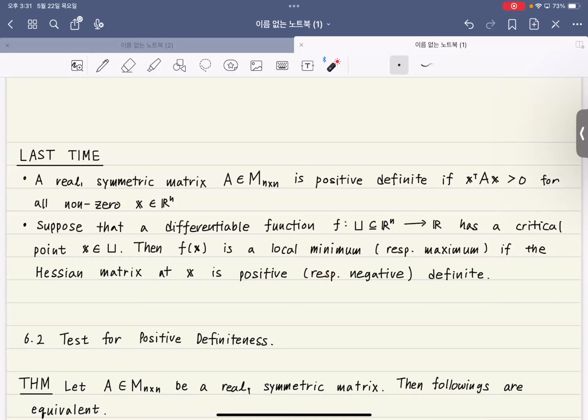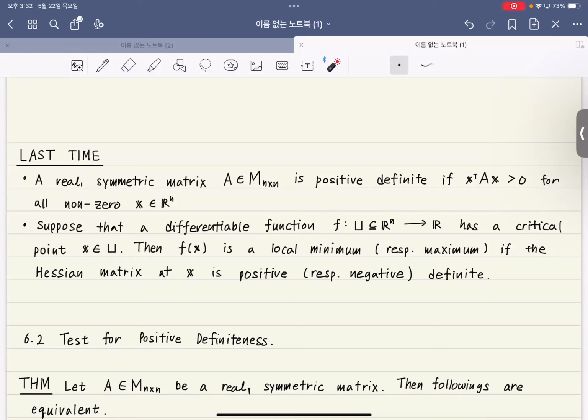So the natural question is, how do you know whether any given n by n real symmetric matrix is positive or negative definite? Actually, we have a partial solution.